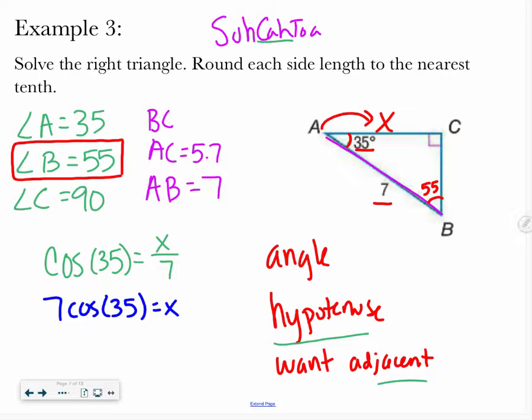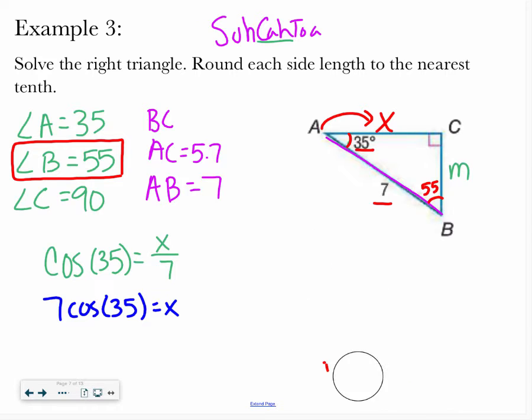But if I want to find BC, so the green X, or actually let's call it M, just a random variable so we don't get confused. So if I want side M, and I'm still using my 35 degrees, I have an angle, I still have the hypotenuse. It's always best to use the information they give you rather than the stuff that you solve for and round.